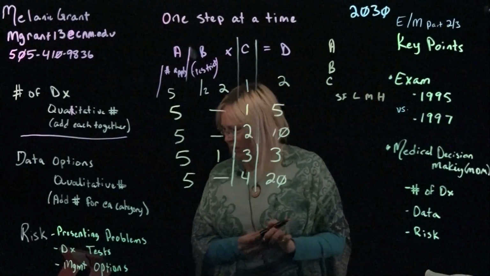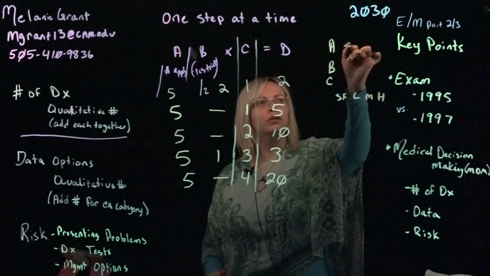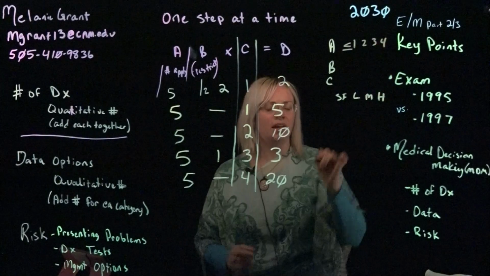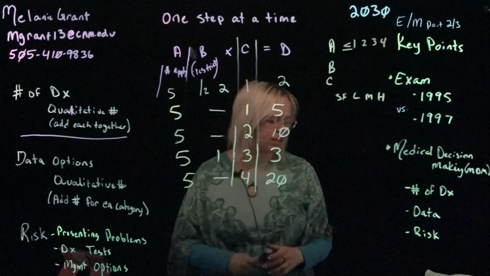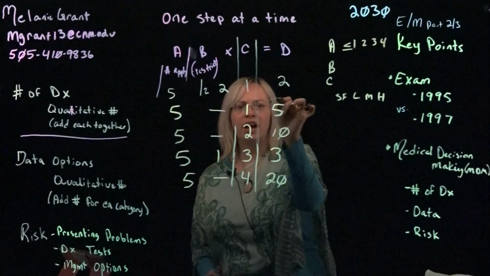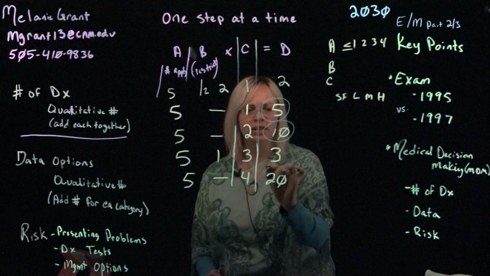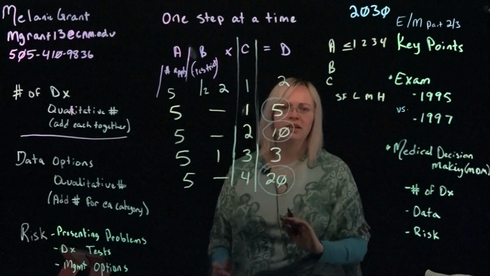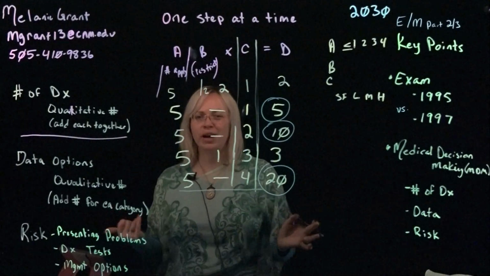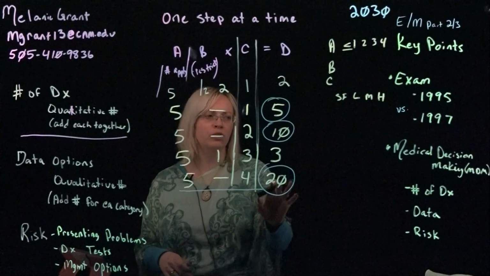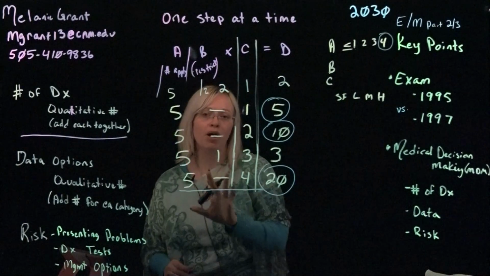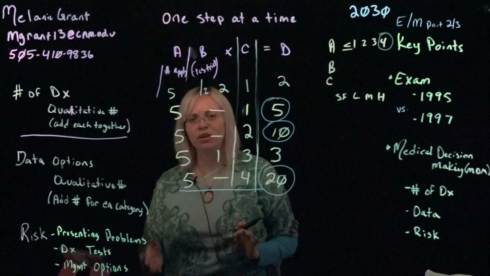For each of those areas, you have equal to or less than 1, 2, 3, and 4 for column A, which means that no matter where I am on here, I'm going to have a high level of diagnoses if I have any of these categories, whether it's 5 or 20. So I can really stop if I know I have at least 1 problem that's new with workup. I don't have to look at all the diagnoses to know that I'm going to hit the highest level of medical decision making for that part. So keep that in mind when you're counting up diagnoses.